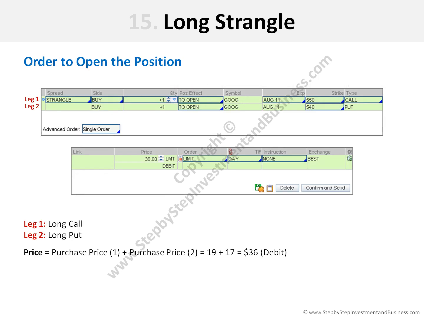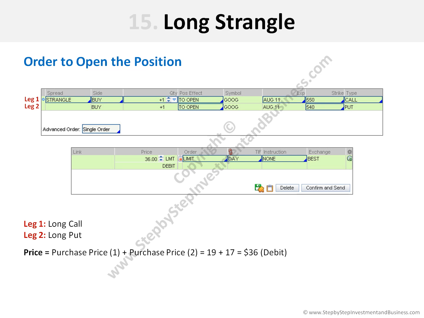Here we can see the order we must enter to open the position. It is an order with two legs. Leg number 1 corresponds to the long call and consists of buying one Google call with a strike price of $550 and expiration in August 2011.